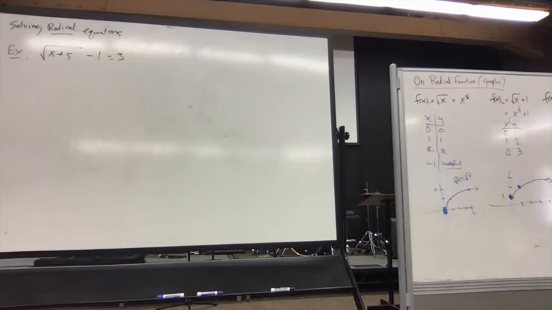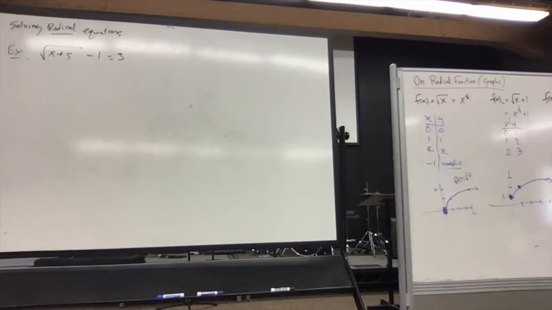In order to get rid of the radical, we have to square it. But in an equation you cannot just square randomly. Whatever you do on one side of the equation, you have to do the same thing on the other side, so that it doesn't tip the balance.